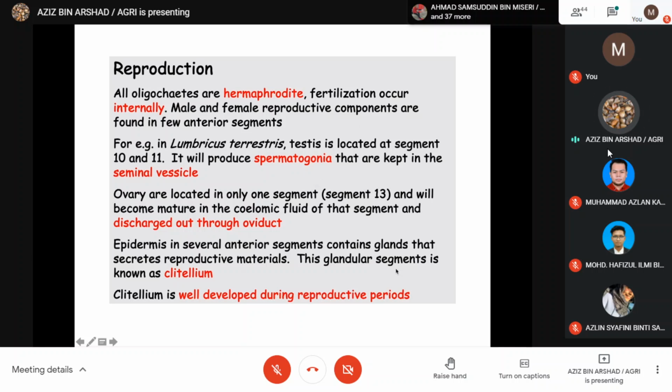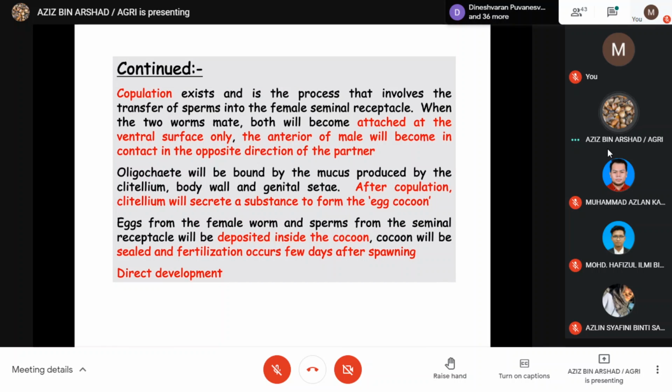Clitellum will only be well developed during reproductive periods. So these are the clitellum, male, and they have to face different directions. Copulation exists in earthworms. Copulation is the transfer of sperm to the female.